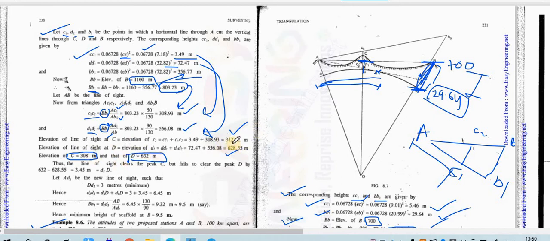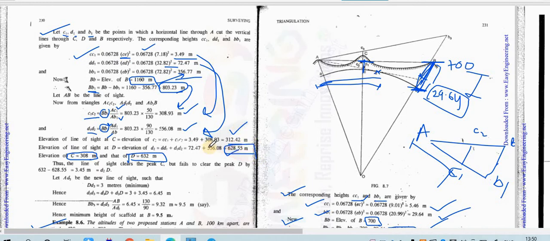So the line of sight is passing 312 at point C, which is well above 308 at point C. So there is no need to extend this. But at point D, the line of sight is not passing exactly above point D. So for that, we need to raise this point also.